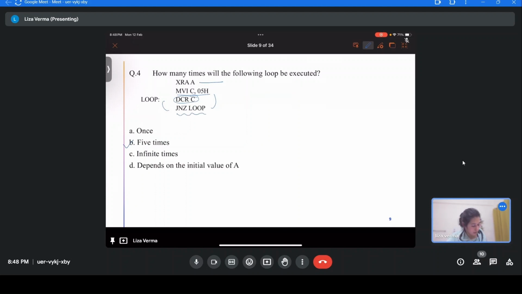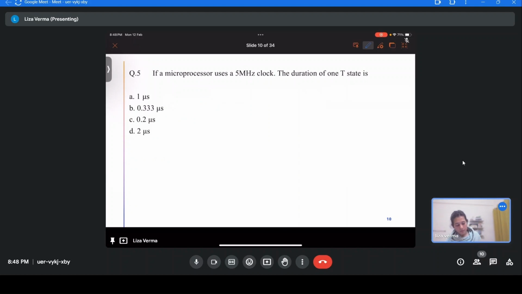Okay, next. If a microprocessor uses a 5 megahertz clock, what is the duration of one T state? One T state can be calculated as 1 by the frequency of the microprocessor.